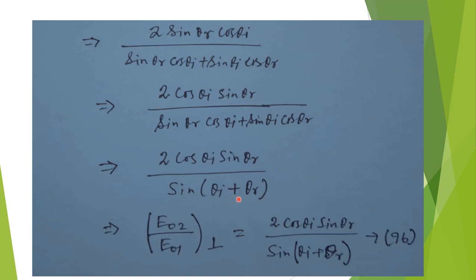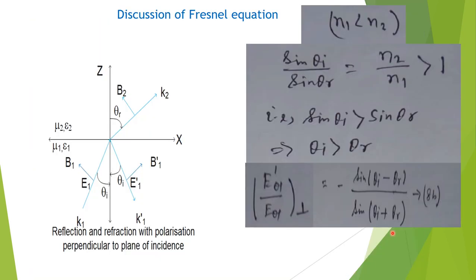After calculating, we finally have 2 cos θi sin θt / sin(θi + θt). So E0t/E0i in the perpendicular direction equals 2 cos θi sin θt / sin(θi + θt). This is equation 9b.